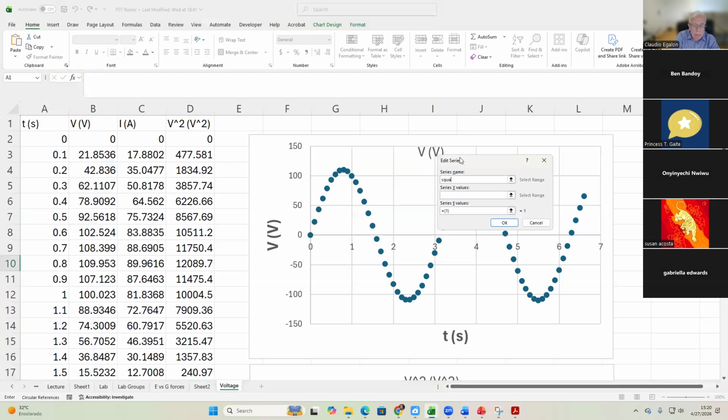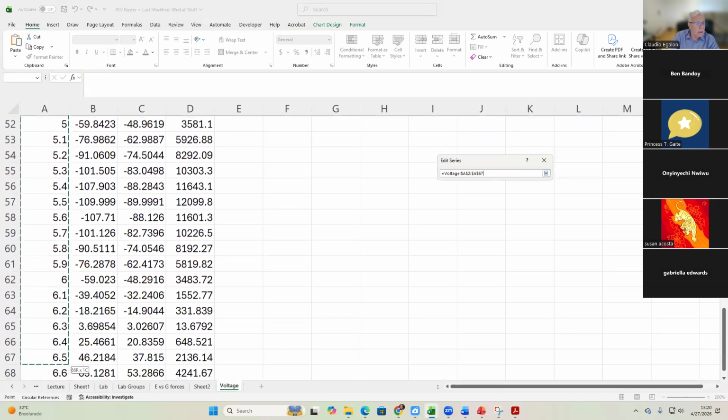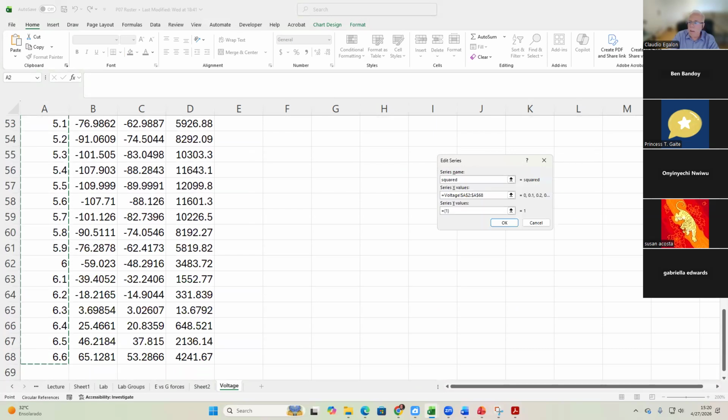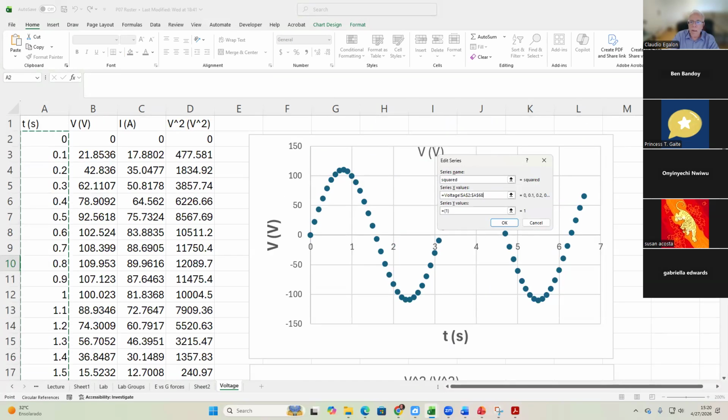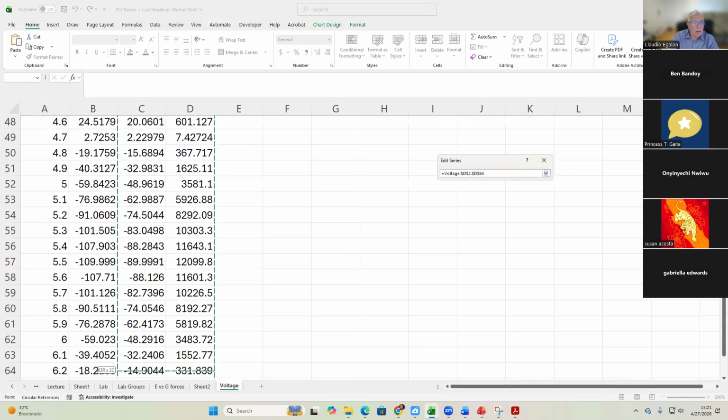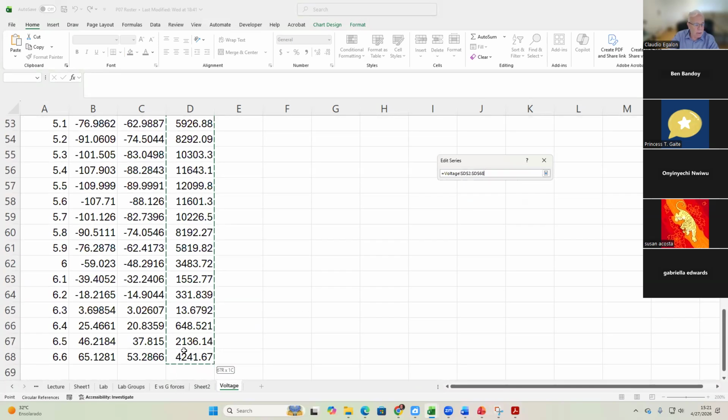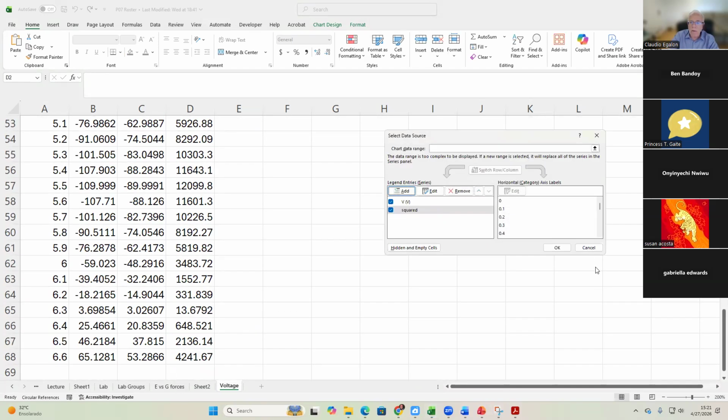Squared value, X is going to be this one. And the Y value is going to be this one. Here you go. There's a little trick that I'm going to do. You're going to see what I mean.